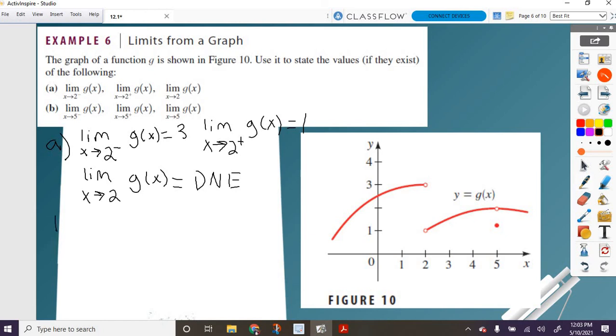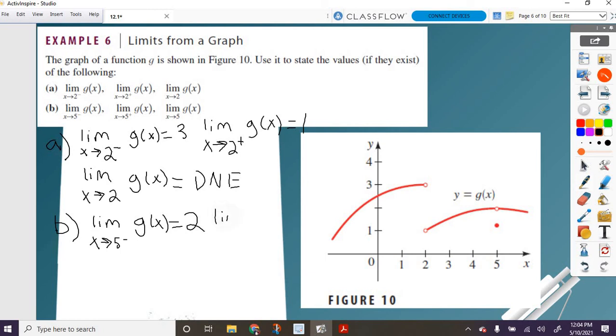So let's look at part B. What does the limit as x approaches 5 from the left of g of x equal? So I'm approaching 5 from the left-hand side. What do we equal? 2.